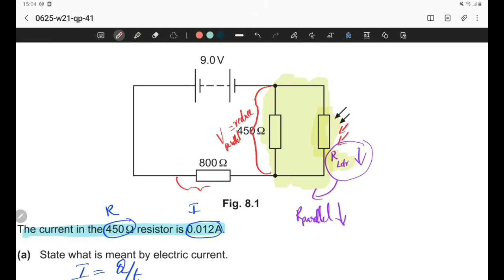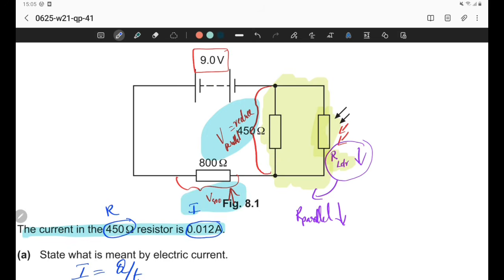So the voltage drop across 800 ohm will increase, as the total voltage of the whole circuit is 9 volt. When voltage across the parallel resistor combination reduces, voltage across 800 ohm will increase.